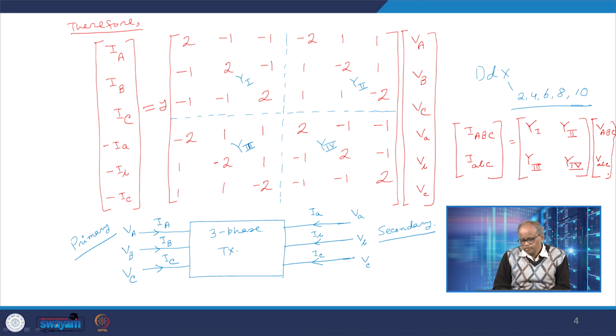And so therefore this entire matrix is essentially 6 cross 6, obviously, because at the current side there are 6 currents and at the voltage side there are also 6 voltages. So the combined admittance matrix would be a 6 cross 6 matrix. But the elements of these 4 submatrices, that is Y1, Y2, Y3 and Y4, would be different for different types of transformer connection as well as for different groups.